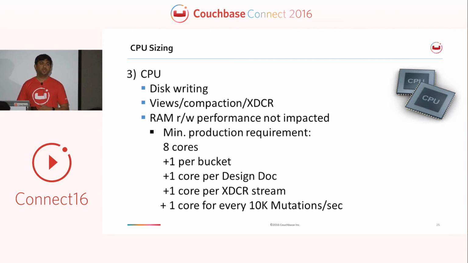When there are too many views, too much compaction going on, and tons of XDCR mutations coming in, these things affect the CPU. I just want to reiterate what I mentioned before on the CPU: you need to size it accordingly. It's one core per bucket, one core per design document, one core per 10K mutations, and one core per XDCR stream. So just make sure that you have it correct.